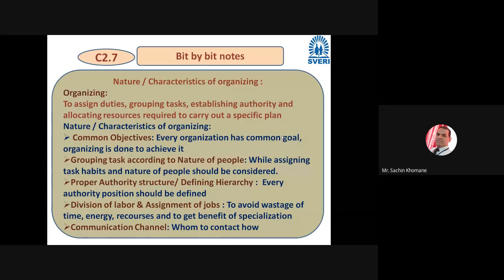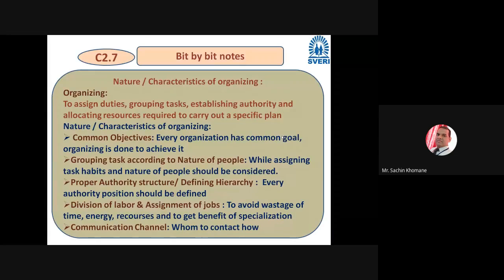The next characteristic or nature of organizing is grouping tasks according to the nature of people. Now, as we know, organizing includes the grouping of tasks. Now, how to group? Can you assign the work to anybody randomly? Definitely no. While assigning the task, habits and nature of the people should be considered. You should not give the task randomly to any of the people.